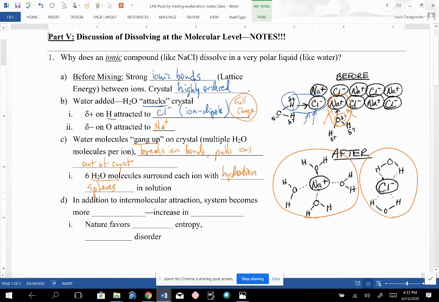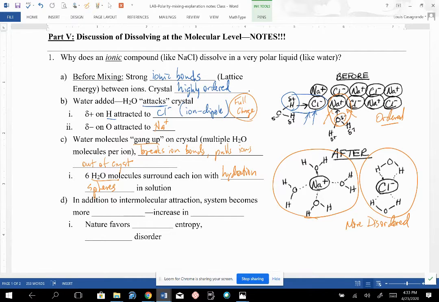So I mentioned the order of the crystal. The crystals are highly ordered. So if this is ordered, this is more disordered because those ions are floating around in a non-repeating pattern.